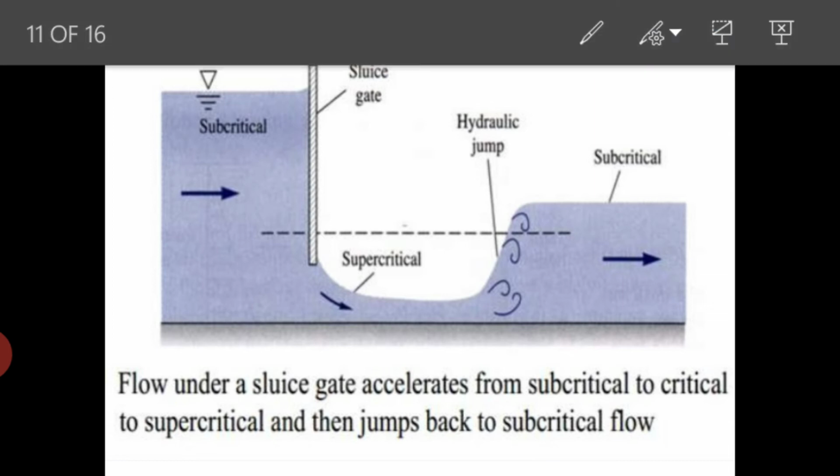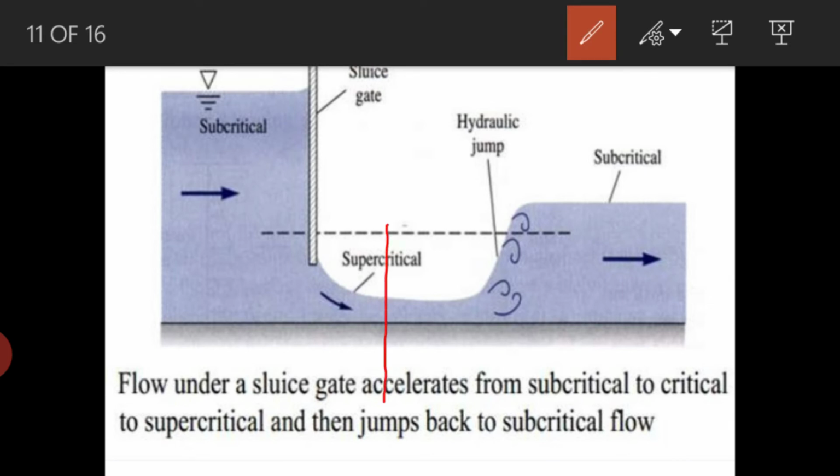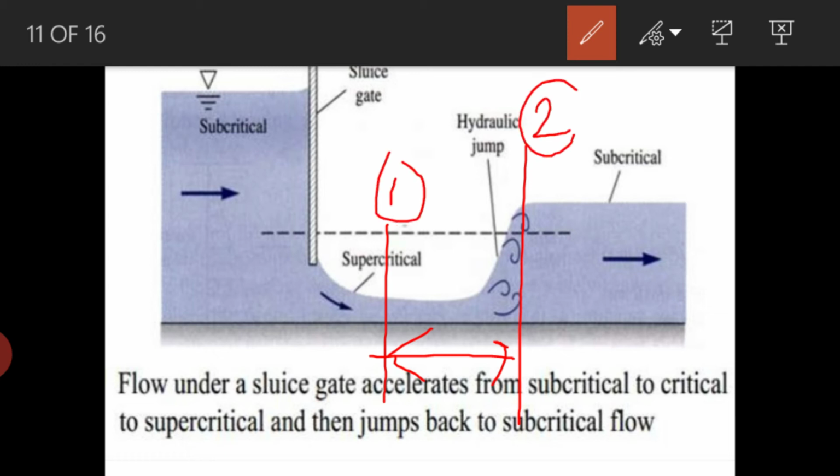So again I'll repeat, the hydraulic jump will take place here and here. This length we call the length of the hydraulic jump. Take this as section 1 and this as section 2. Whatever the depth at section 1, it will be lower than the critical depth.